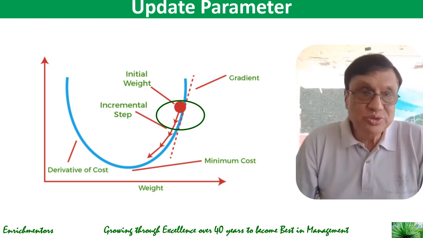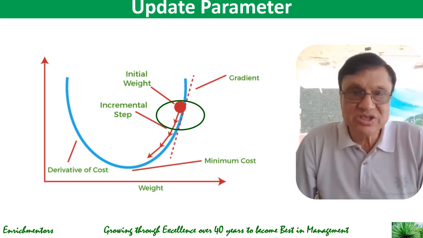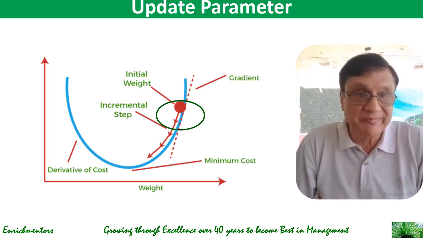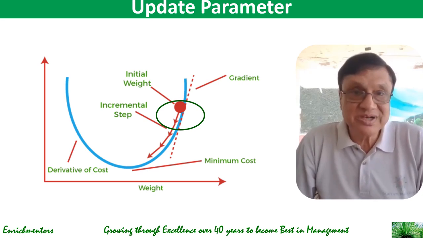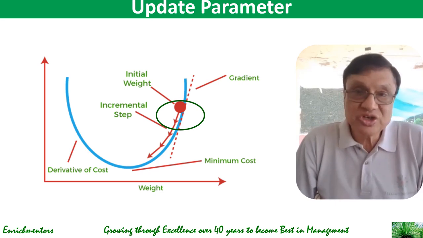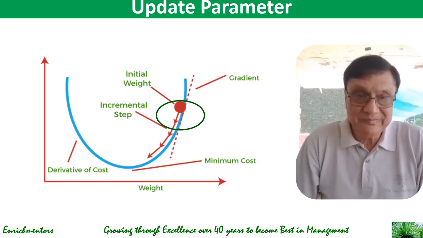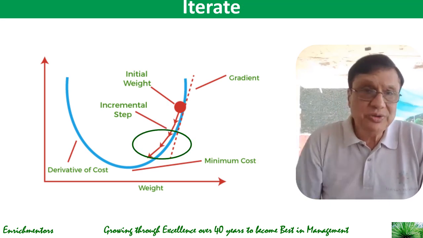Then you update the parameters of the model by taking a small step in the direction opposite to the gradient. The size of the step is determined by the learning rate hyperparameter. That's where you set this learning rate, which controls the rate at which the parameters are updated. Then you iterate.